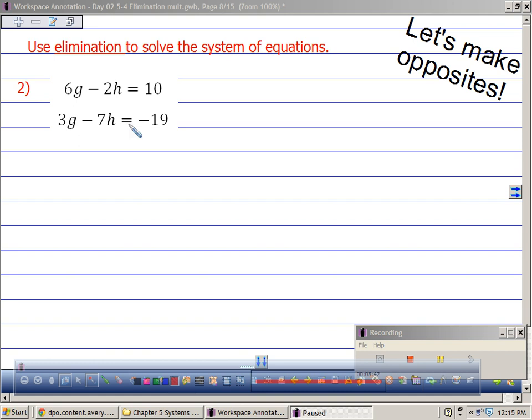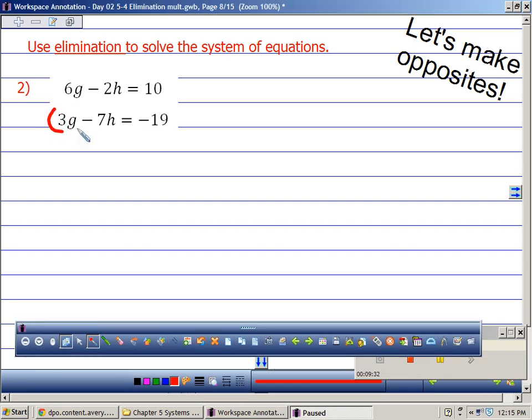Patrick? Back to the 1. Perfect. I'm going to multiply the bottom equation by negative 2.